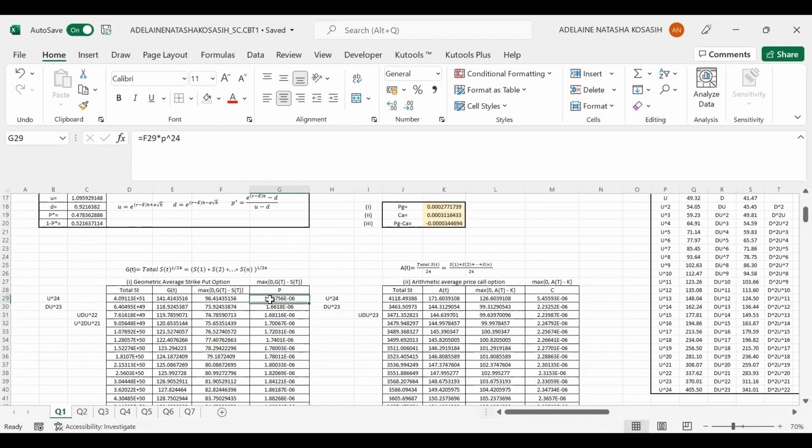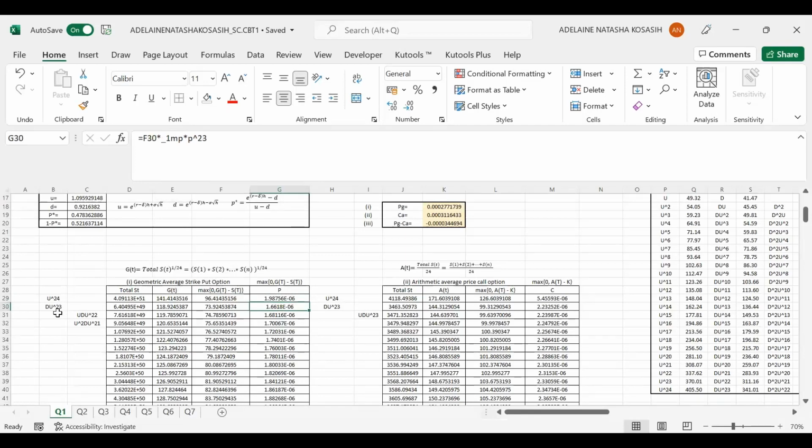And then for P, you need to look at the payoff and here. If you look at this, it is u with power of 24, so you can just times the maximum payoff with P with the power of 24.